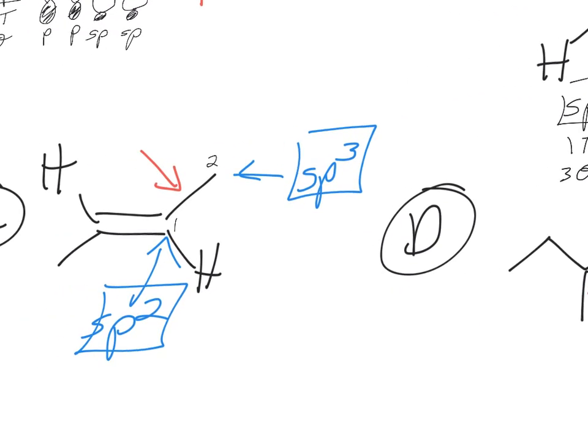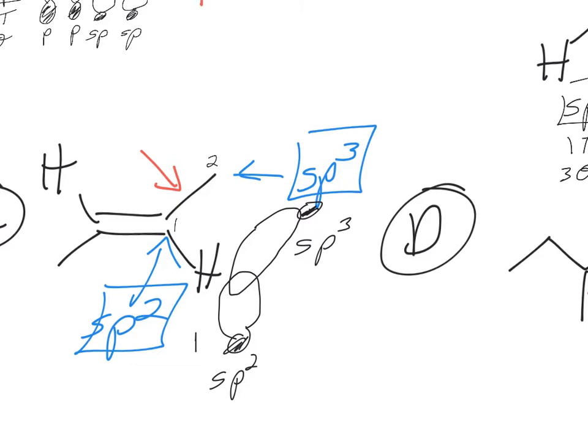So this sigma bond is between an sp2 orbital coming from carbon 1, and I'm going to draw it like a long skinny guy, an sp3 orbital coming from carbon 2.